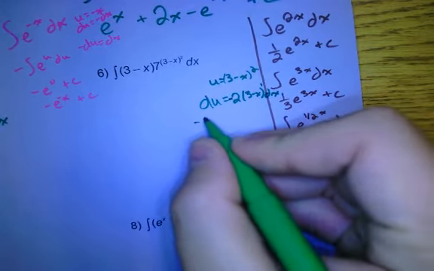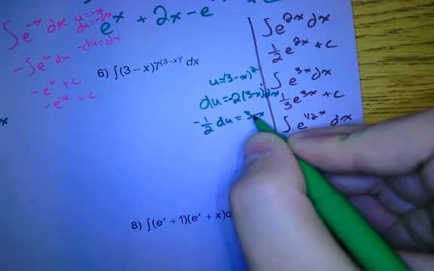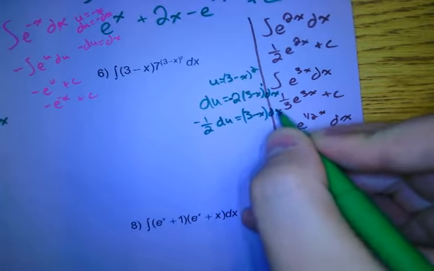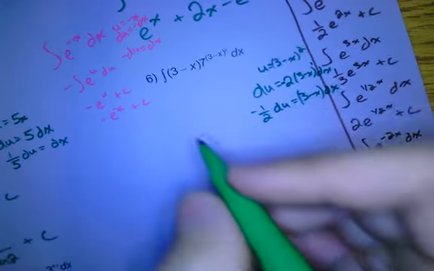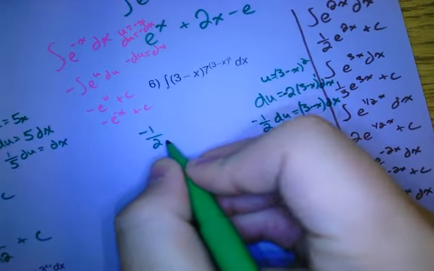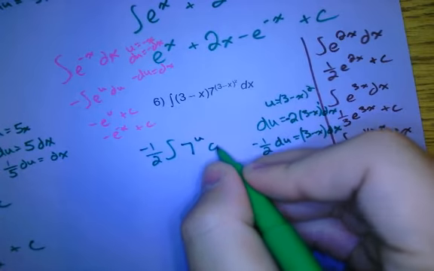So I'm going to get negative 1/2 du equals 3 minus x dx. Now under my rewrite, I'm going to get negative 1/2 of 7 to the u du.